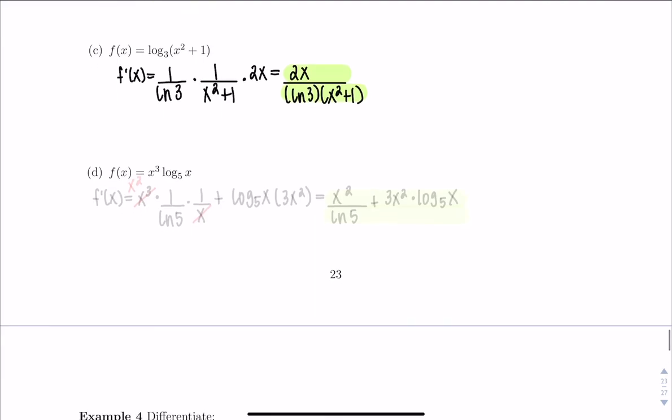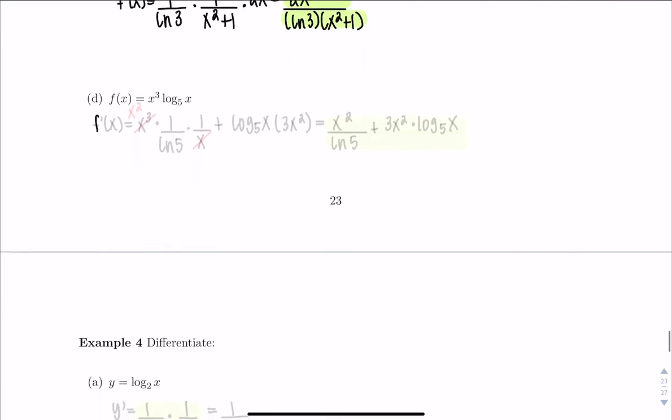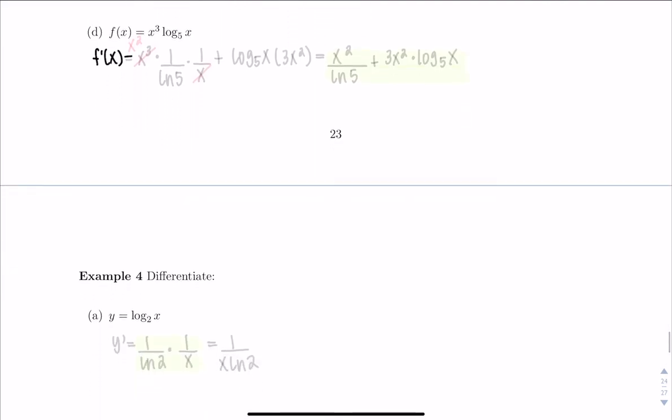For part D, we're going to use the product rule. So our first times the derivative of the second, and that's where we're going to use our new definition. That's 1 over ln of 5 times 1 over x plus the second, log base 5 of x, times the derivative of the first. And so we can simplify a little bit.